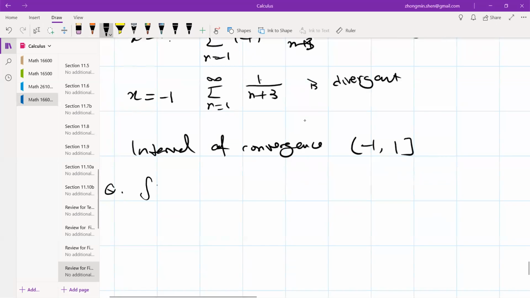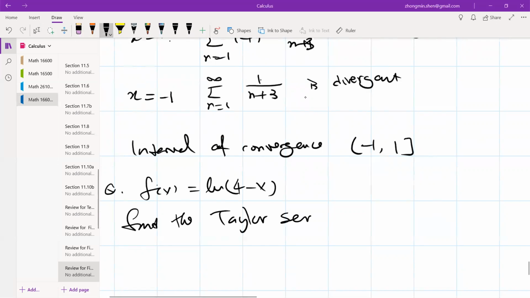So f of x is going to be natural log of 4 minus x, right? And find the Taylor series of it. Right, well, the same idea.